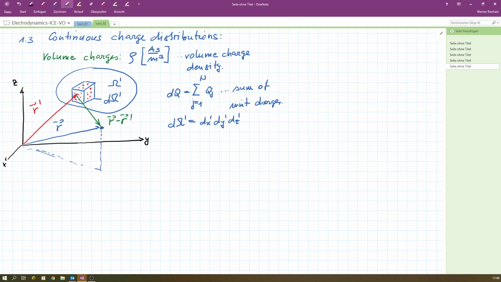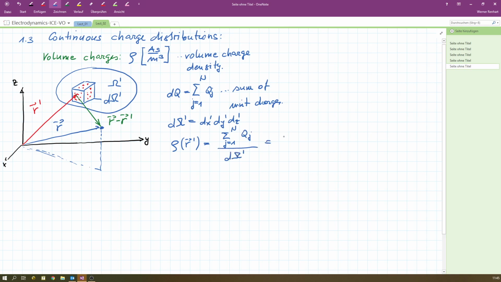For this we can rewrite our rho, the volume charge density, depending on the coordinate of the source points r prime, equals the sum of all j running from 1 to n of qj over d omega prime.